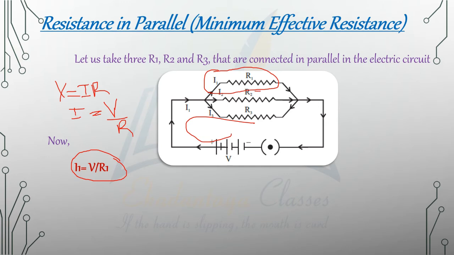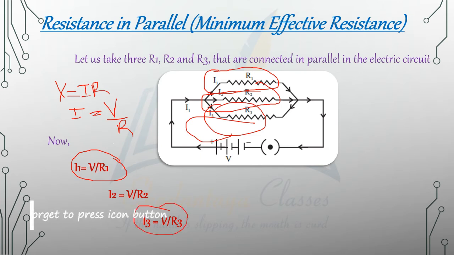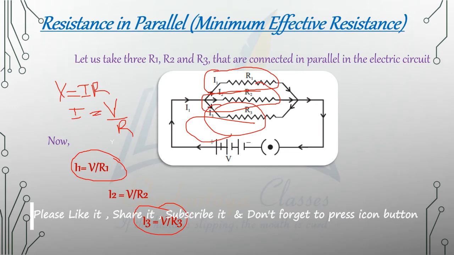For the second resistance, can you guess? I2 is equal to V by R2. Then for another part of the resistance, I3 is equal to V by R3.